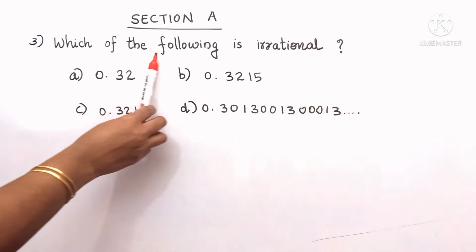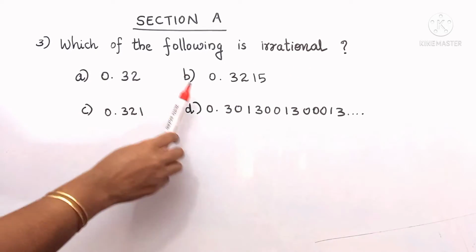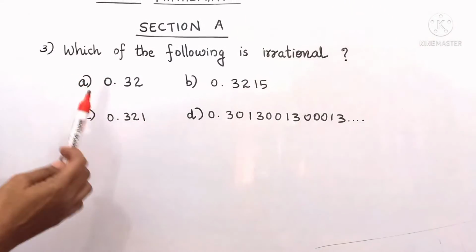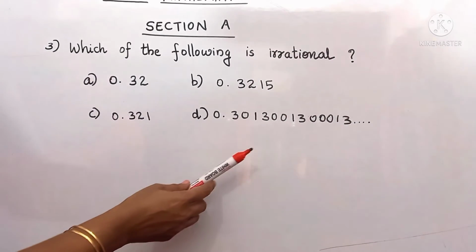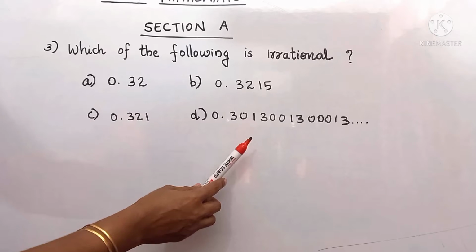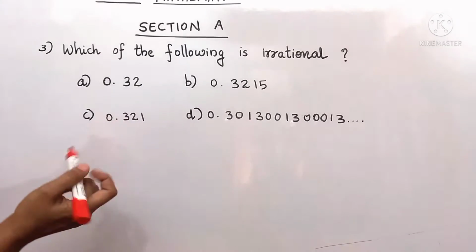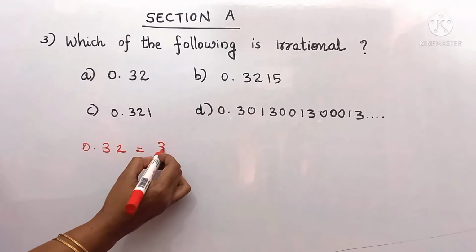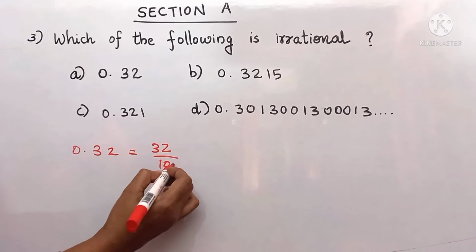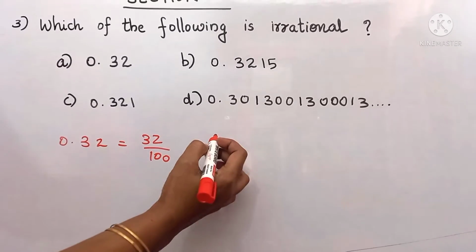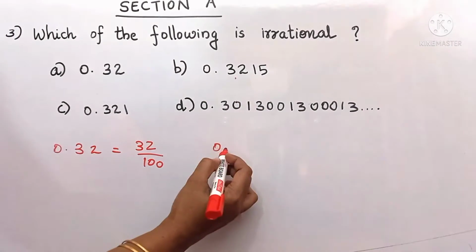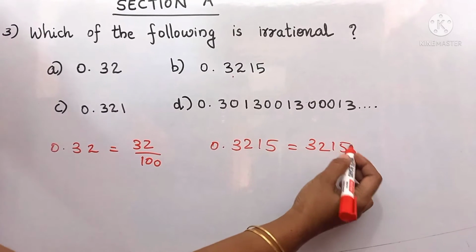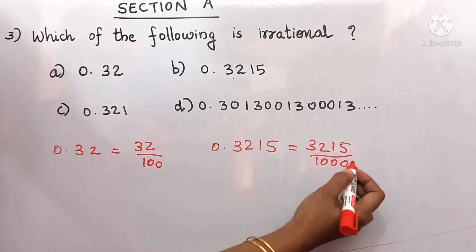Third question is, which of the following is irrational? Options are given here. We have to choose the correct one. We know that an irrational number is a number that cannot be expressed as a fraction of integers. 0.32 we can express as 32 by 100, so this is not irrational. The second one, 0.3215, can be written as 3215 divided by 10,000.